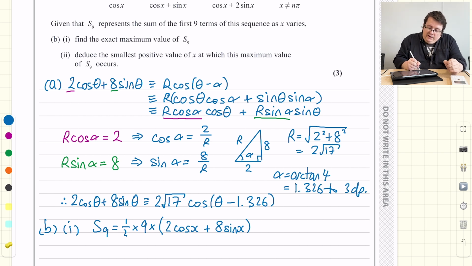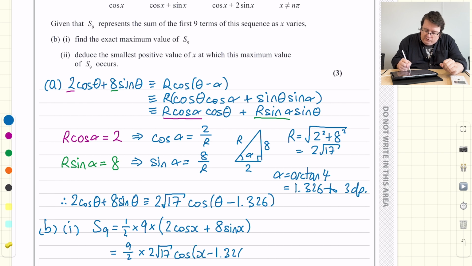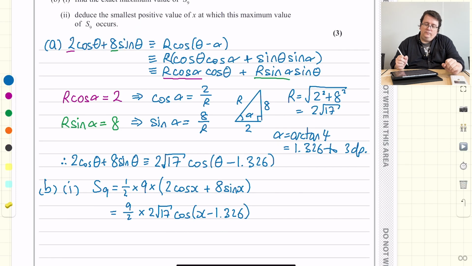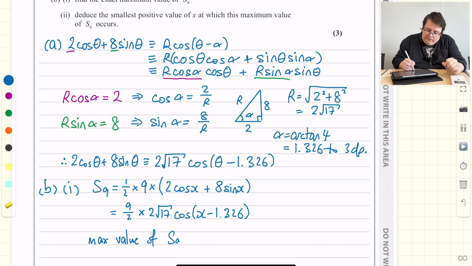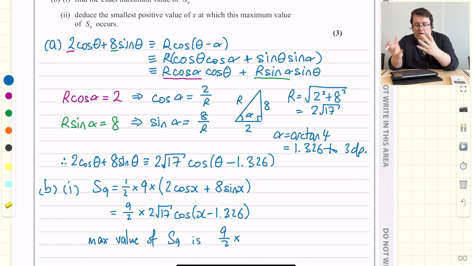Now, doesn't that look similar to you? The 2 cosine x plus 8 sine x is what we were just working with in part A. So this is 9/2 times by 2 root 17 cosine of x take away 1.326. Okay, so the max value of S9 is 9 halves times by the maximum value of 2 root 17 cosine x take away 1.326, which is 2 root 17.